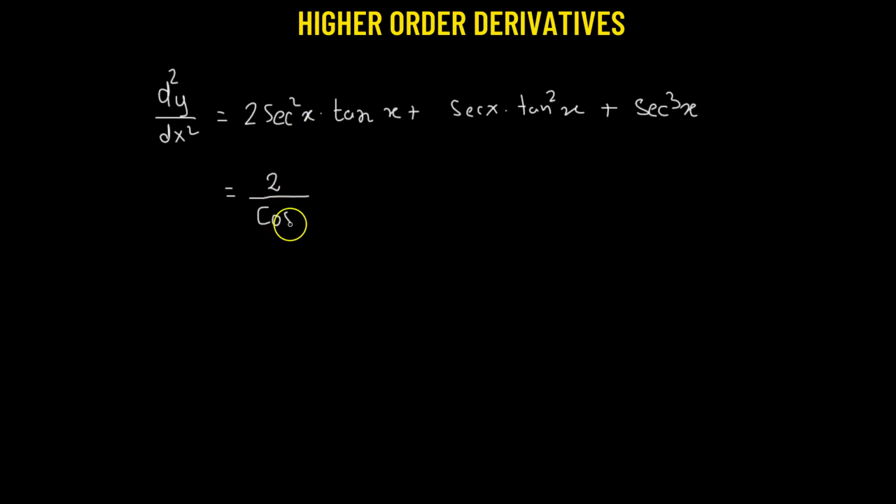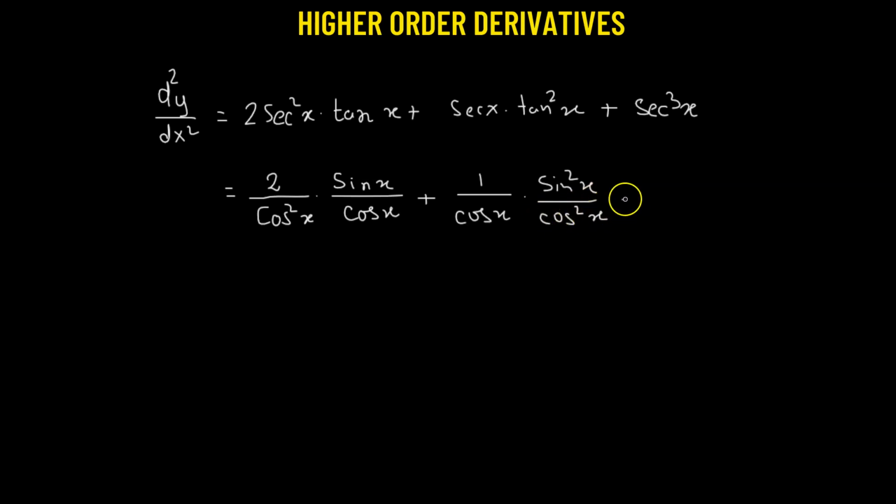We have cosine squared x in the denominator multiplied by tangent of x, and tangent of x will be sine of x divided by cosine of x, plus 1 over cosine of x times tangent squared, which gives us sine squared x divided by cosine squared x, plus secant cubed x, so that will become 1 over cosine cubed x.